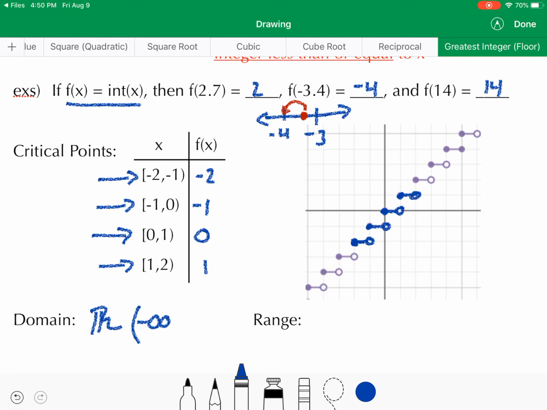You can see that in the intervals that I've chosen. Where one interval stops, the next one picks up. Range, all integers. Look at your outputs. They're only integers.